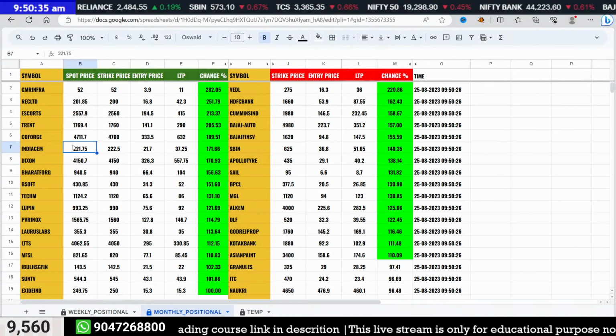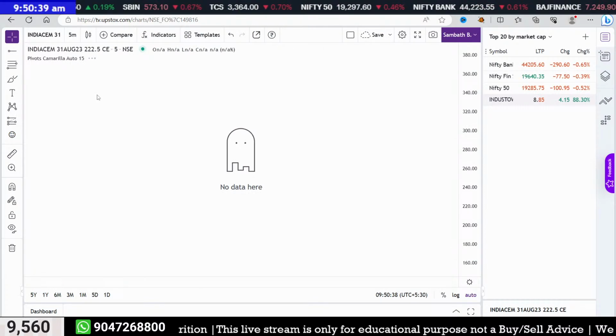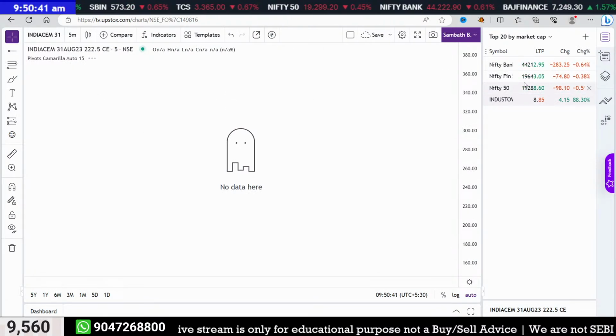India Cements is currently not active, but it's a monthly positional. We got an entry. Right now the data is not available for this particular strike price.